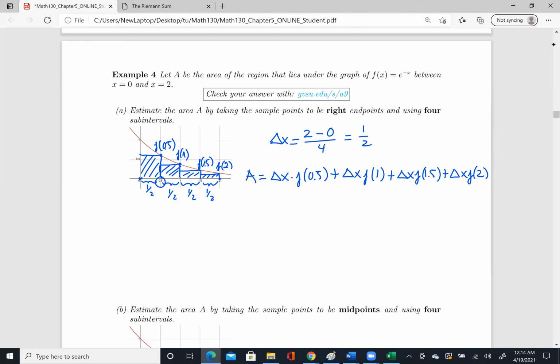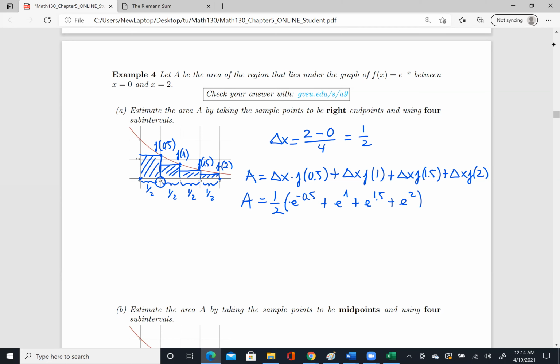Now you can see the area will be equal to 1/2 multiplied by, you can factor it, e to the negative 0.5 plus e to the negative 1 plus e to the negative 1.5 plus e to the negative 2.